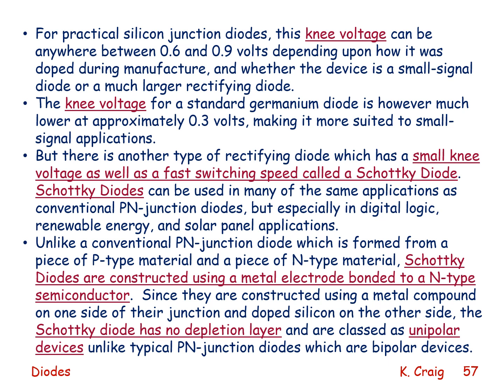Since they are constructed using a metal compound on one side of their junction and doped silicon on the other side, the Schottky diode has no depletion layer, and they are classified as unipolar devices, unlike typical p-n junction diodes, which are bipolar devices.